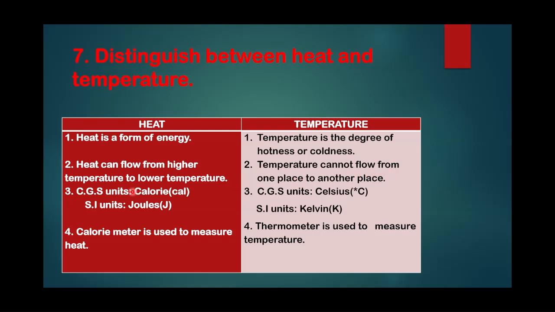CGS unit for heat is calorie and SI unit for heat is joule. CGS unit for temperature is Celsius and SI unit for temperature is Kelvin. A calorimeter is used to measure heat and a thermometer is used to measure temperature.